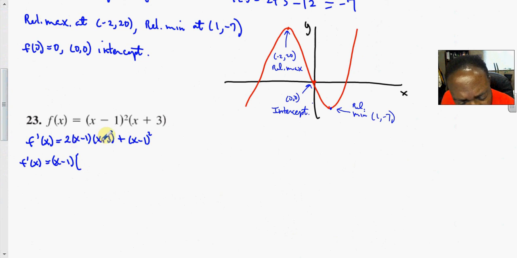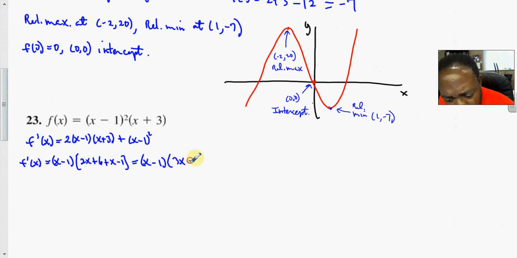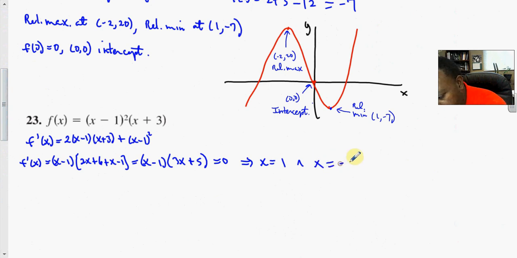So I've left 2 times the expression x plus 3. So that's 2x plus 6 plus x minus 1. And so we get x minus 1 times 3x plus 5. We set the derivative equal to 0. This implies that x equals 1 and x equals negative 5 over 3.